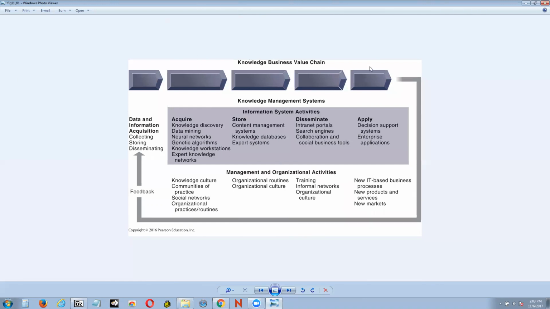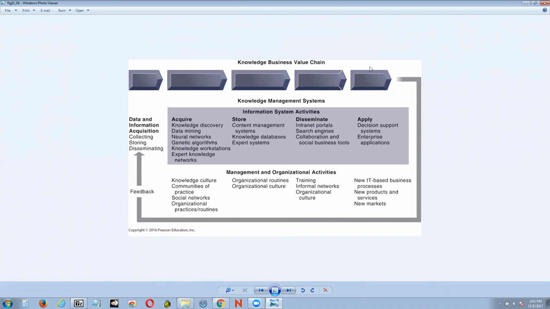And this whole business about the knowledge business value chain starts in chapter 11. I've got some of the figures pulled, but we'll just talk. This is the application of knowledge management, managing knowledge, but managing them as systems, okay?